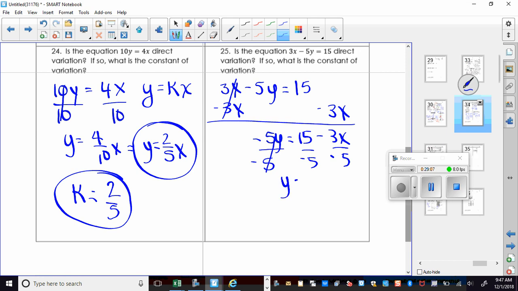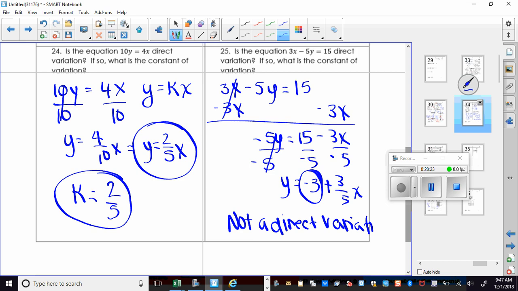And y equals negative 3 plus 3 over 5 times x. And because of this number term by itself, this is not a direct variation. And I didn't answer the last question fully. The last question asks whether this equation is a direct variation. No, it is not. So I'm going to say not a direct variation.